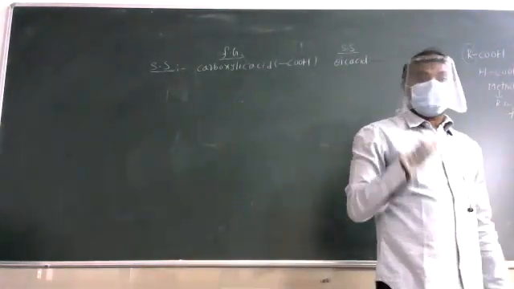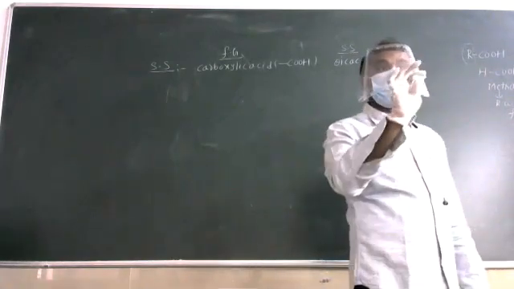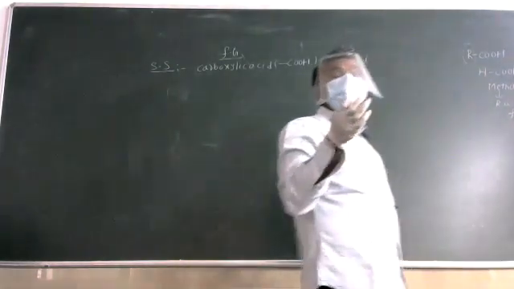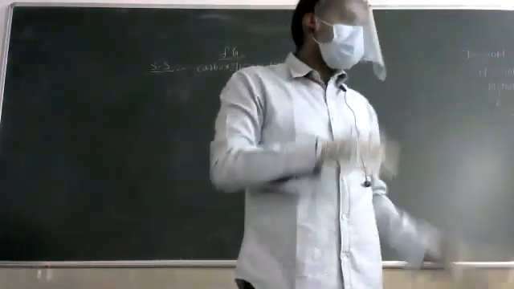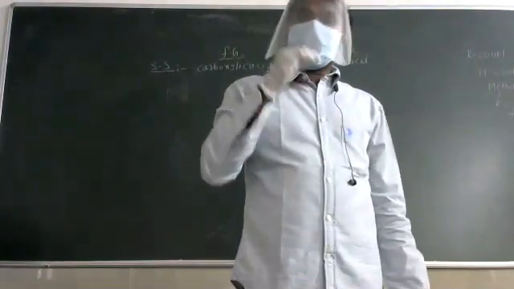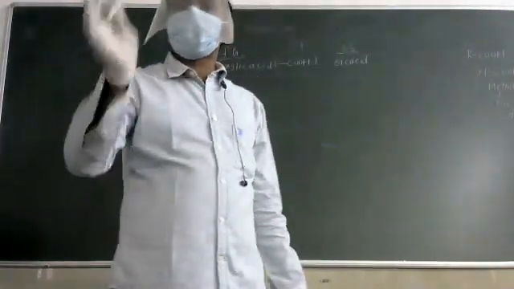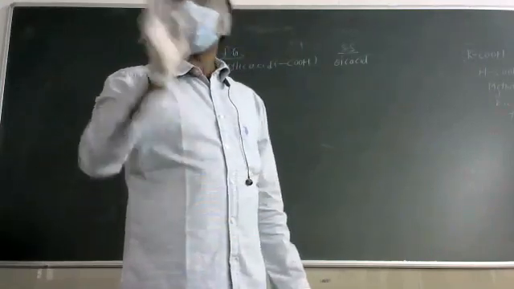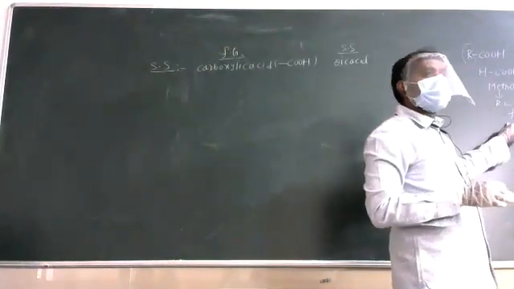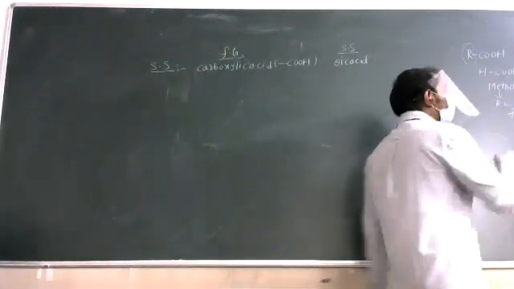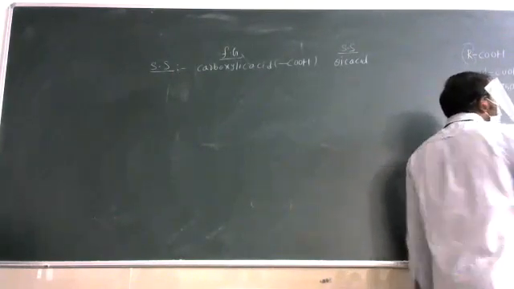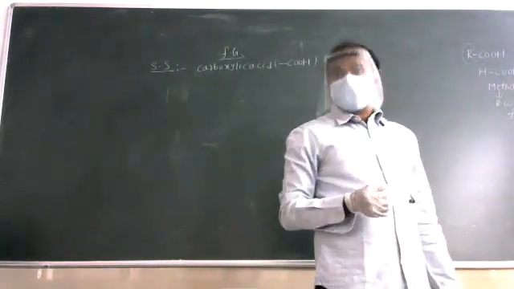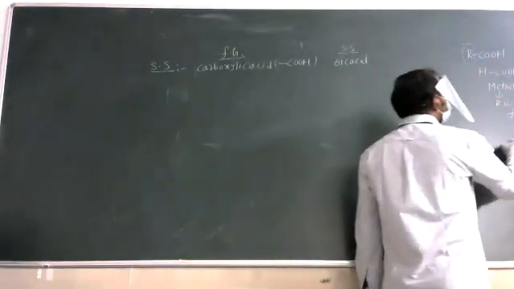HCOOH is also called formic acid, but it is a common name. Not all compounds have common names; a few important compounds have them. Here, if any organic compound is given, we can give the IUPAC name. That is the important thing. Why is it called formic acid? Because it is derived from formica, red ant. For example, I have taken one more acid.